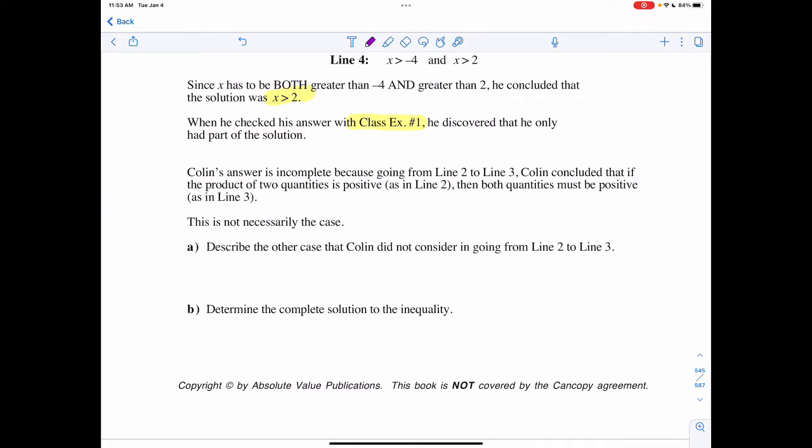So when it says describe the other case that Colin did not consider going from line 2 to line 3, the other possibility is that both quantities, the x plus 4 and the x minus 2, could be negative.